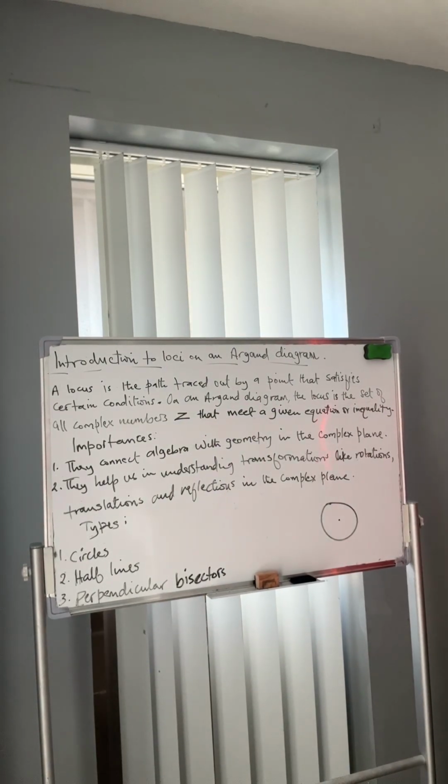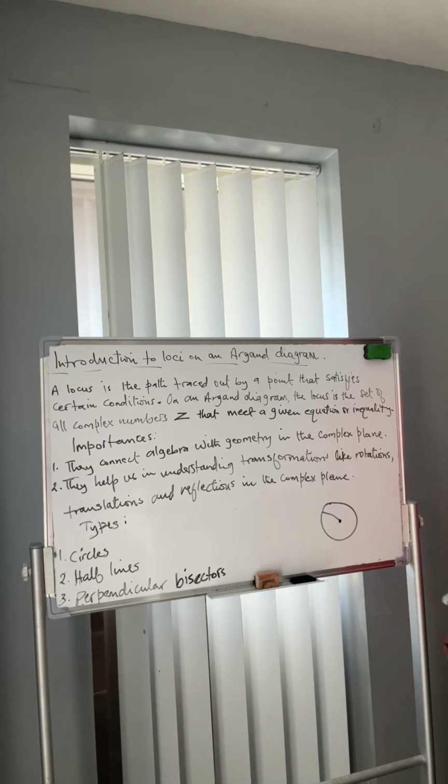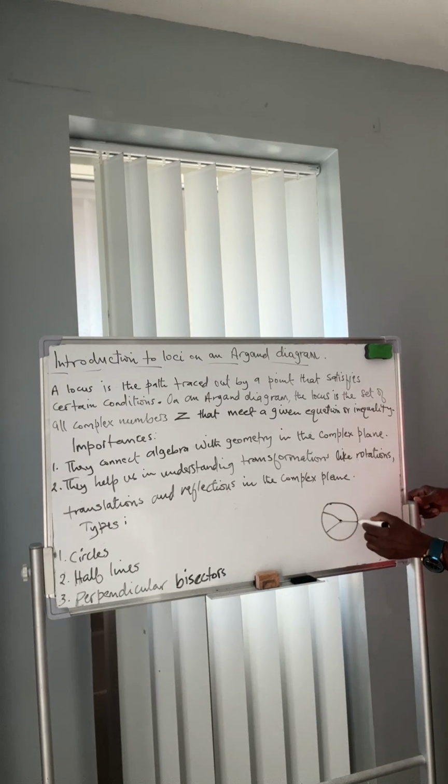It's not perfect, but this is a circle with a radius, circumference, and all points here are equidistant to this center. From any point on the circumference, this is equal to this, and as well as this one.